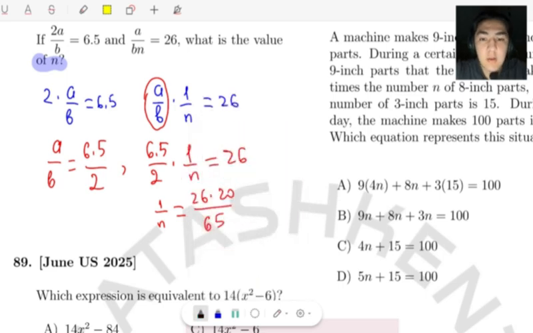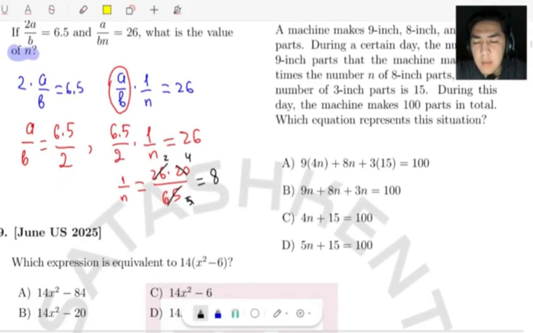And if I do the calculations correctly, 1 over n is going to be 8, and your n will be 1 over 8, right?